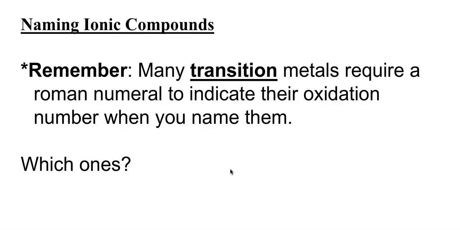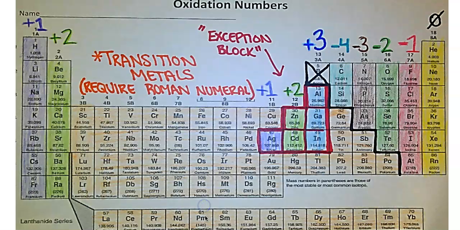Remember, however, many transition metals require a Roman numeral to indicate their oxidation number. Can you remember which ones? Here we go. It is most of the periodic table. Most of the periodic table requires a Roman numeral. So everything in this orange section will need a Roman numeral.